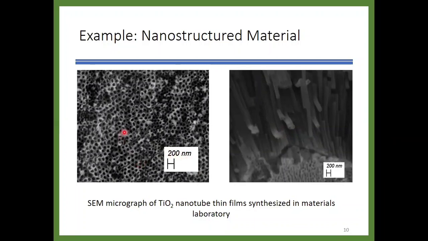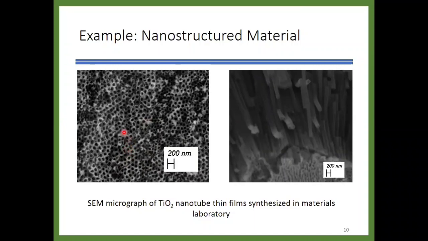Both these figures are micrographs, or microstructure views, which we obtained from the scanning electron microscope, one available in the Department of Materials Science and Engineering. So here the scale bar, this horizontal line, means the length across this image is 200 nanometers.